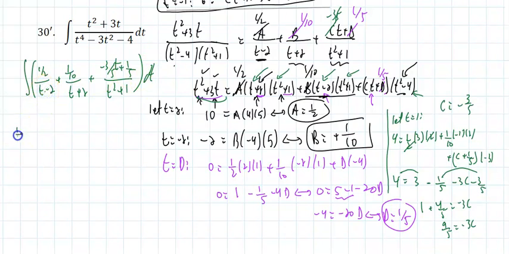Now, this is 1/2 natural log of t minus 2. That's easy. This is 1/10 natural log of t plus 2. That's easy.